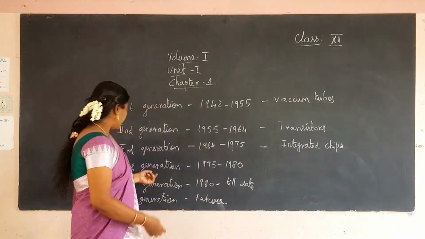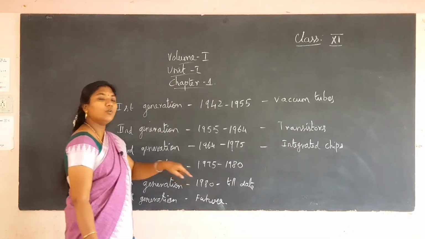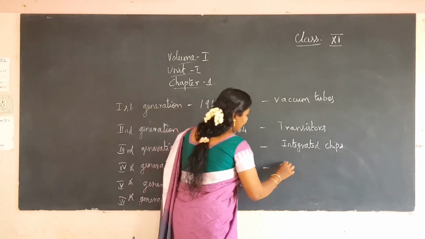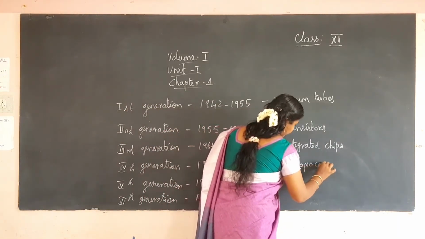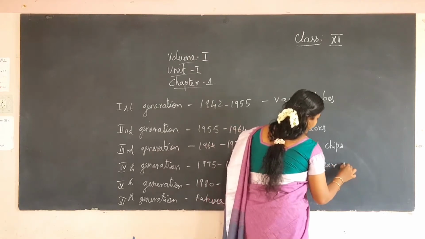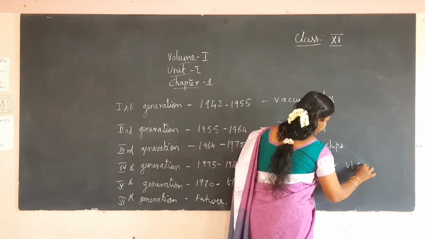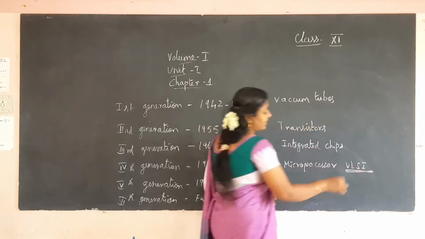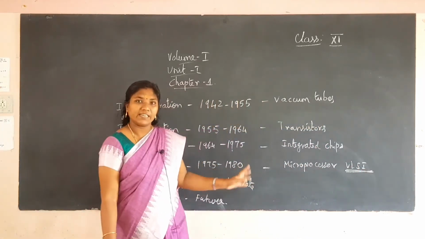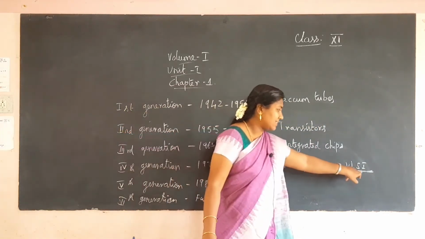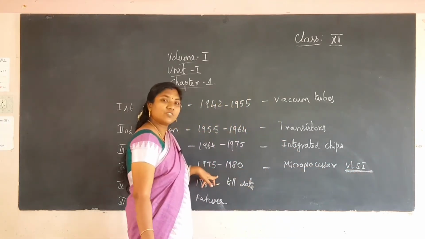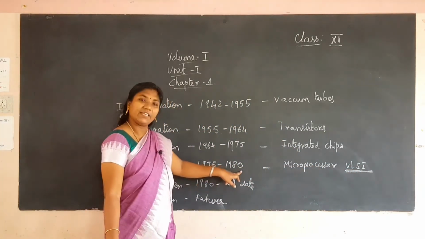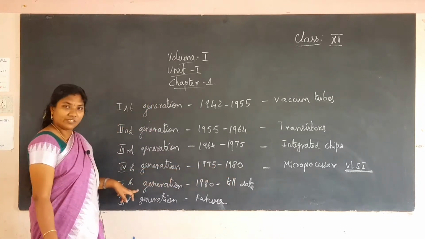Okay. And in the fourth generation 1975 to 1980, here we used microprocessor and VLSI. Okay. That is very large scale integrated circuit. So, this concept was used in the year 1975 to 1980, that is the fourth generation.